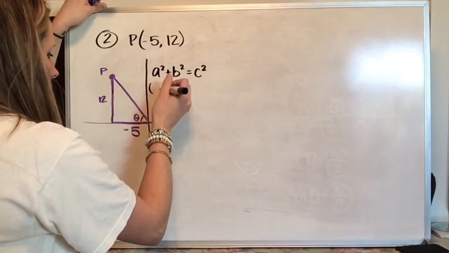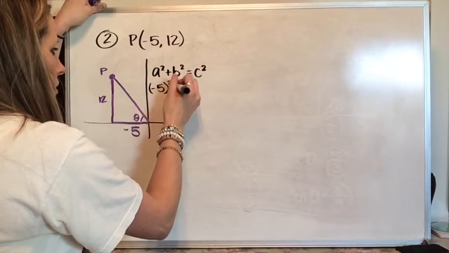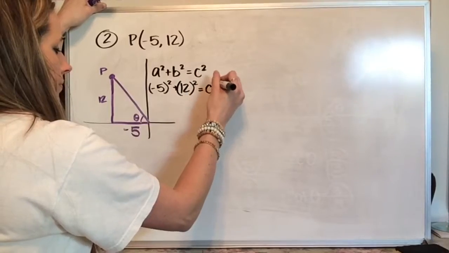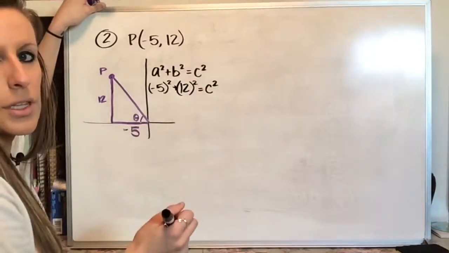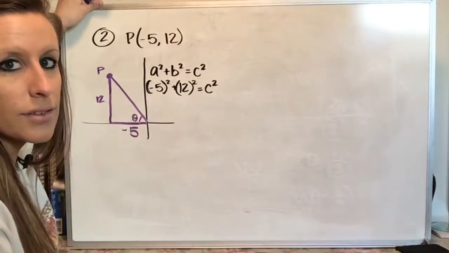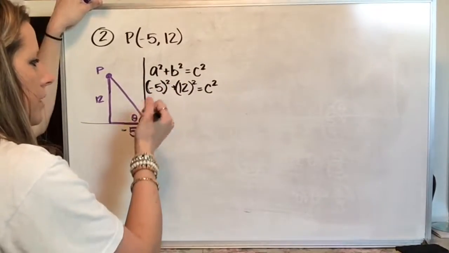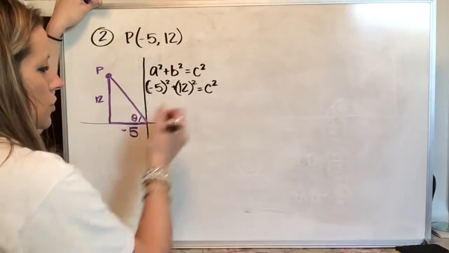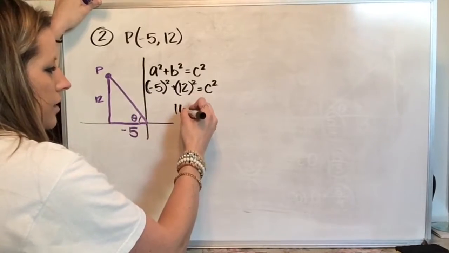So we're going to do -5 squared plus 12 squared. Make sure if you put this in your calculator, you put parentheses around -5, or else it's not going to be right. Okay, so -5 squared plus 12 squared gives you 169.